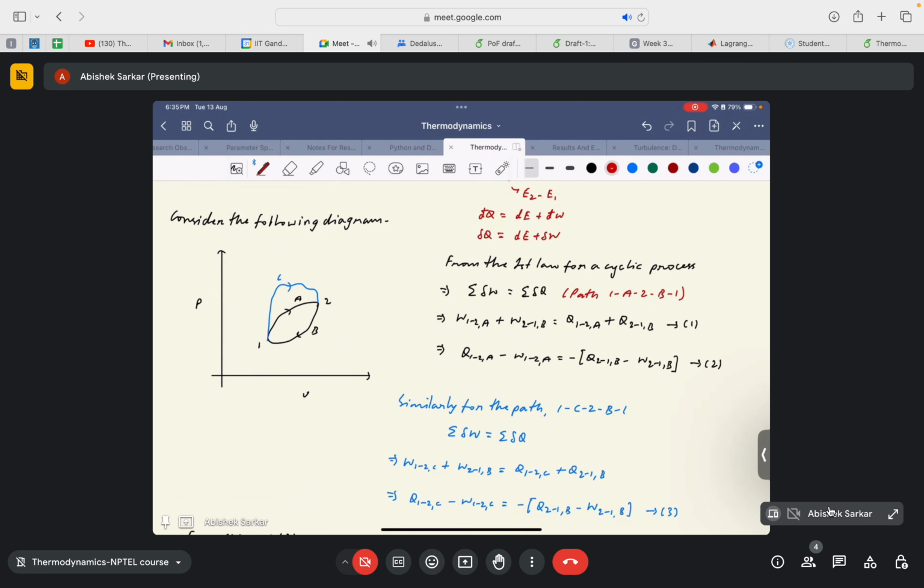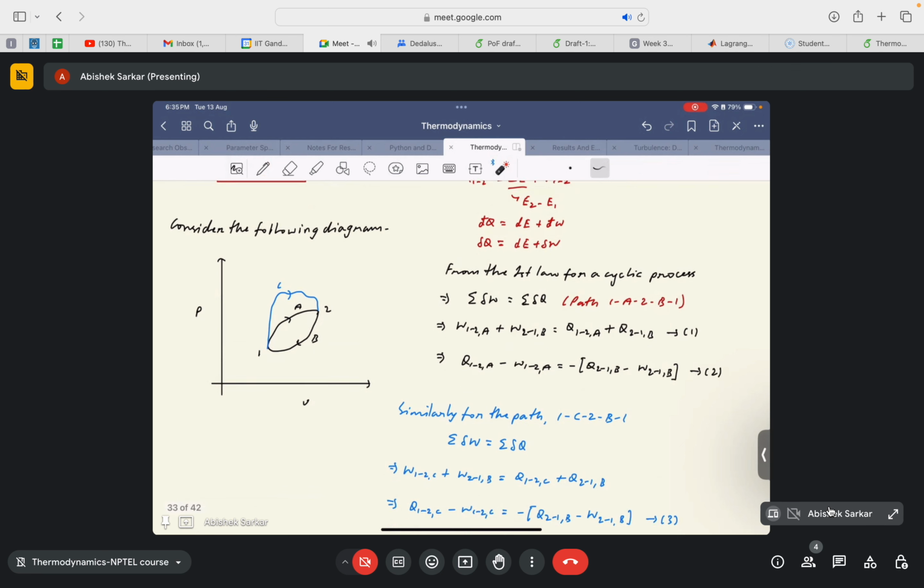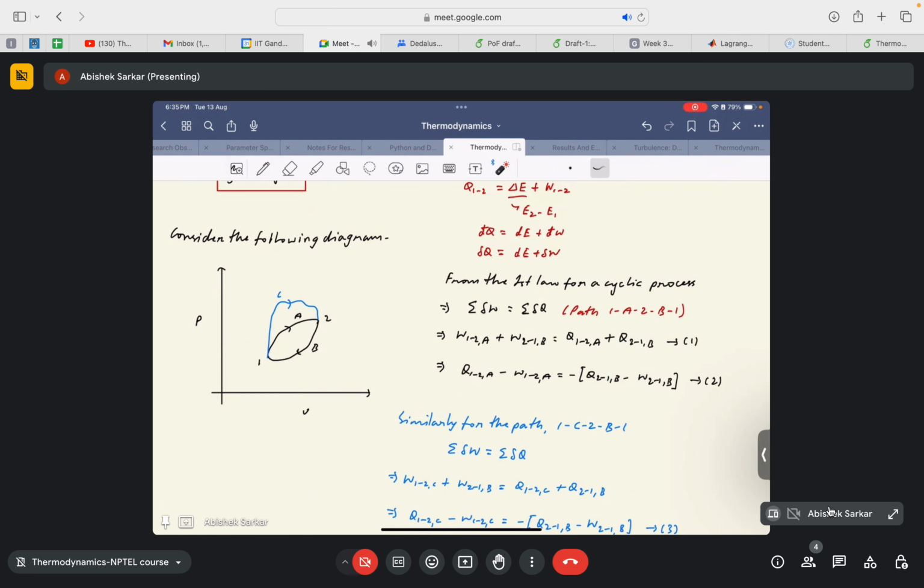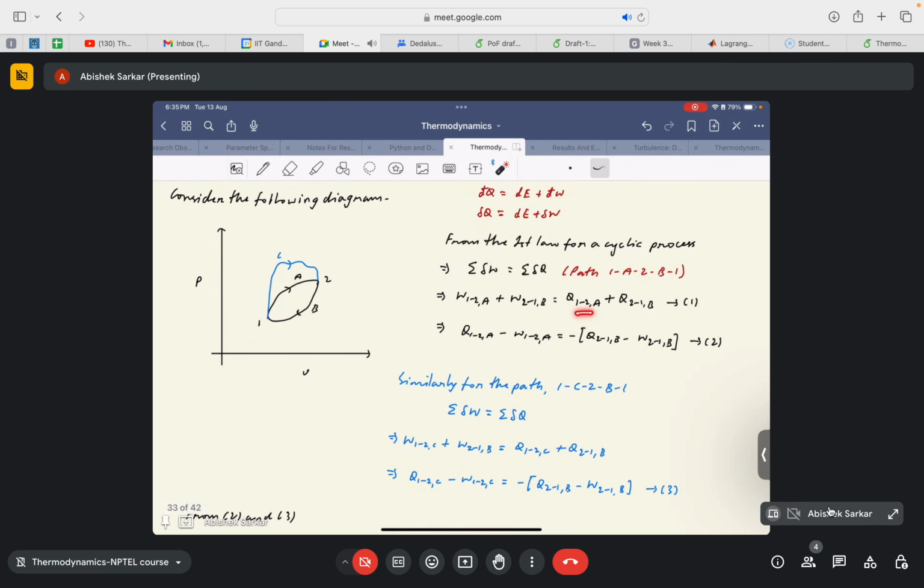If we consider the path 1A2B1, then from this equation we get that the work from point 1 to 2 along path A and work 2 to 1 along path B should be equal to the net heat transfer along path A and the net heat transfer along path B. If we take this term to the right hand side and that term to the left hand side, we can write Q12A minus W12A is equal to minus Q21B minus W21B.